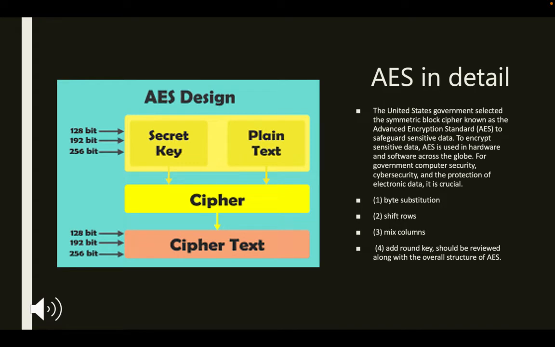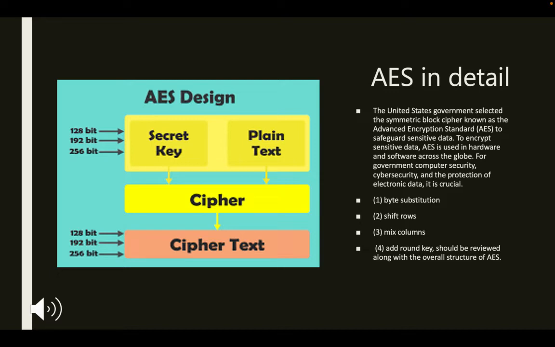The United States government selected the symmetric block cipher known as the Advanced Encryption Standard, which is AES, to safeguard sensitive data. To encrypt sensitive data, AES is used in hardware and software across the globe. For government computer security, cybersecurity, and the protection of electronic data, it is crucial.